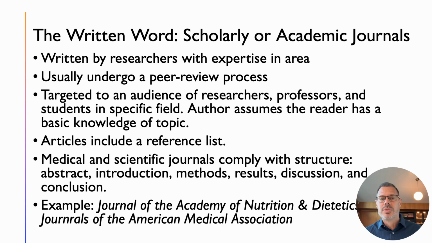I want you to be focused on academic journals, on scholarly writing. These are research articles written by researchers with expertise in an area. They usually undergo a peer review process, which means that folks with knowledge, experts in that field, have looked at the article, and they're not necessarily trying to say the outcomes are perfect.